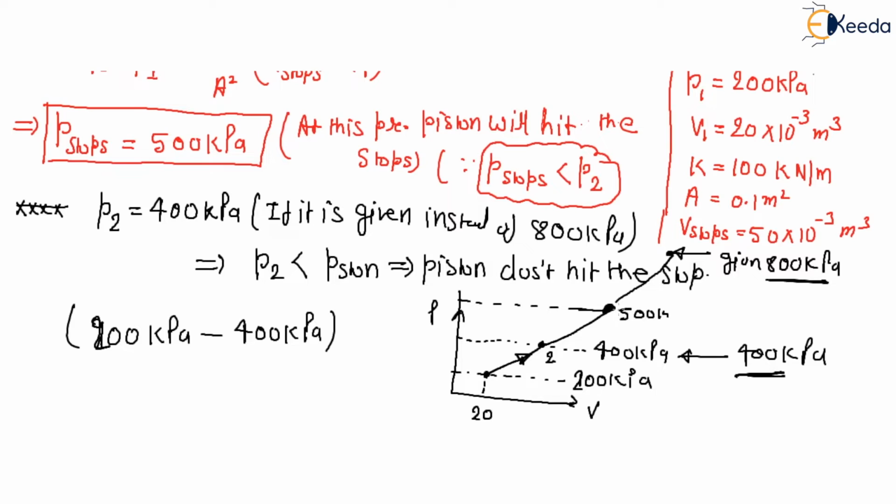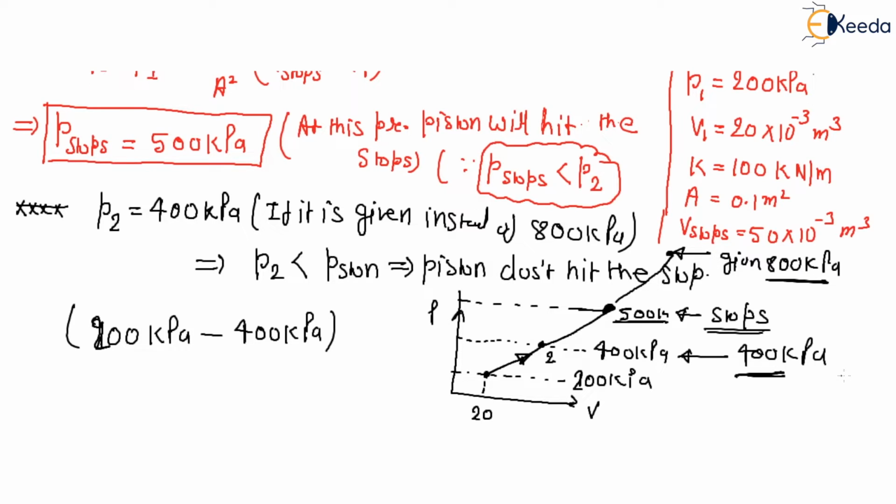Because the piston hits the stop when the final pressure reaches 500, and your final pressure is 400, so it will not hit the stop. But if the final pressure is 800 and your stop pressure is 500, it will hit the stop, because this is the stop pressure. If the pressure is greater than the stop pressure, it will hit the stop.